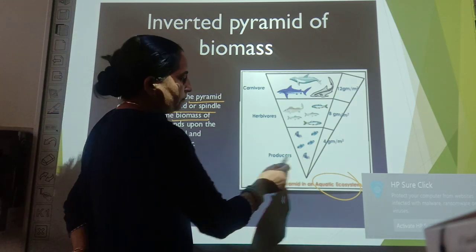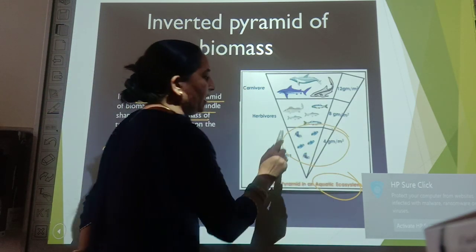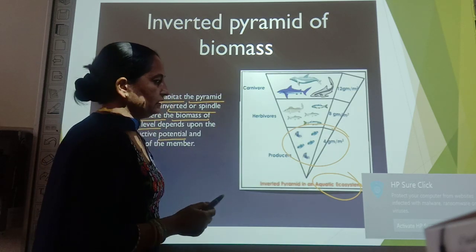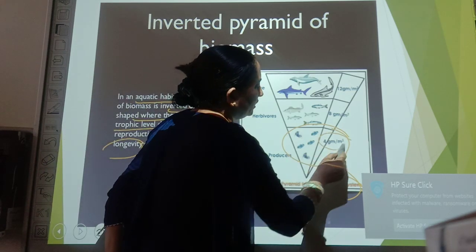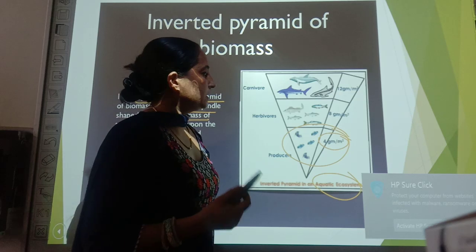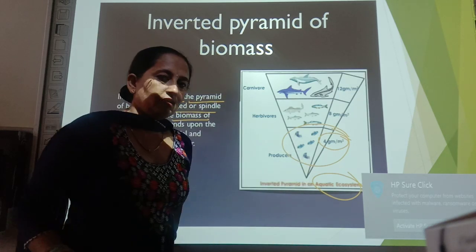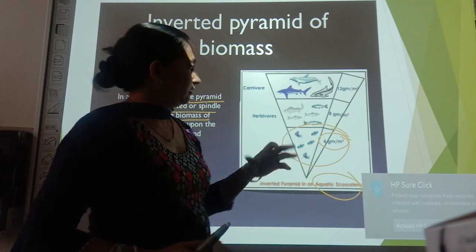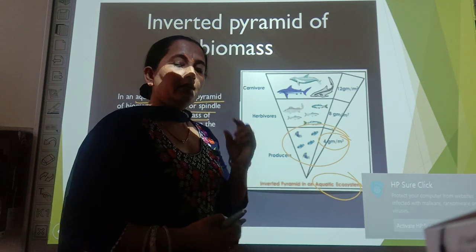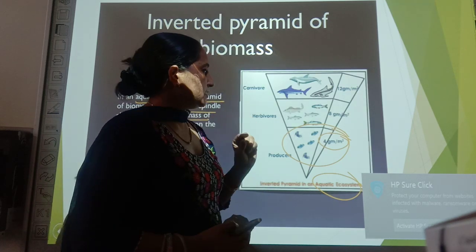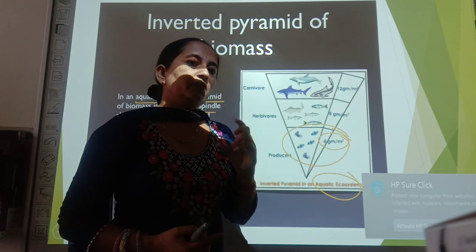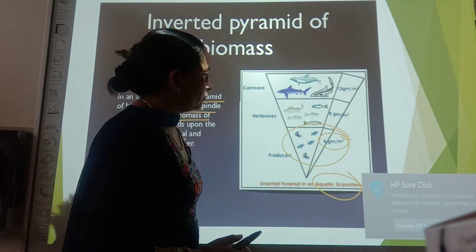Here producers are large in number, but they produce only 4 gram per meter square of biomass, because their size is very small, and that's why they produce very little biomass.